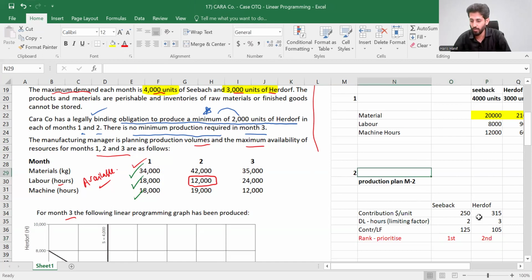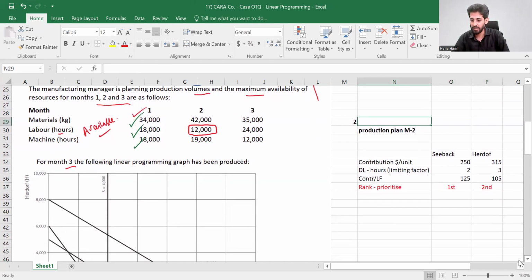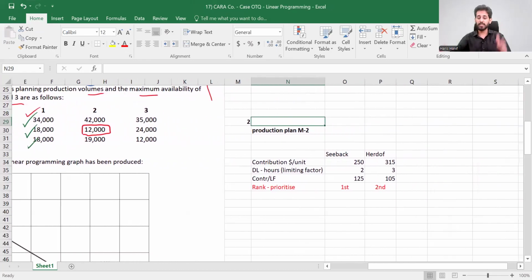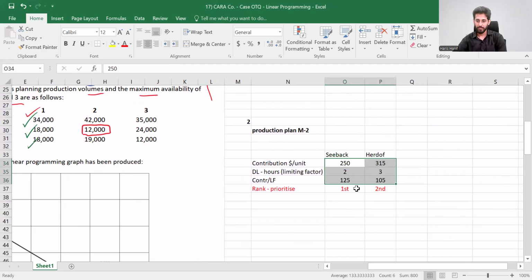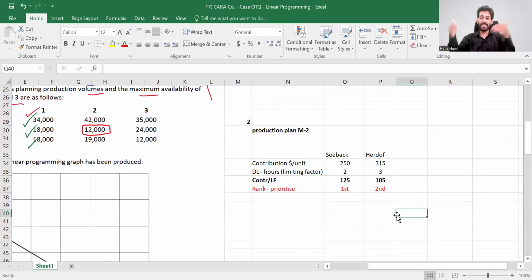So first CBAC will be produced and then Heard of.